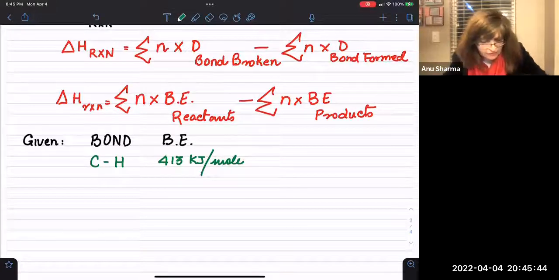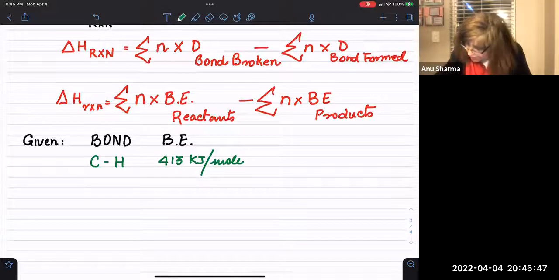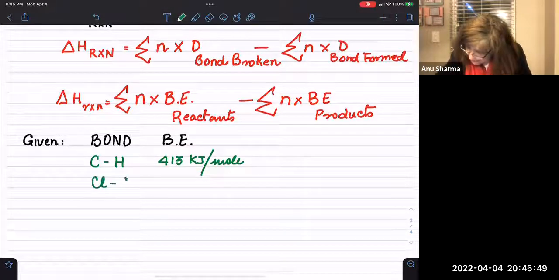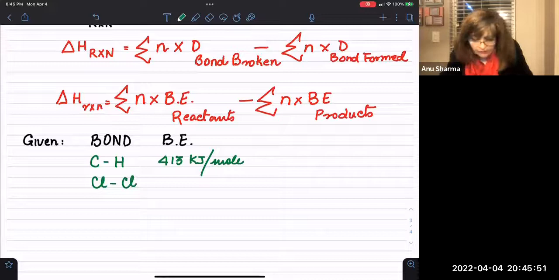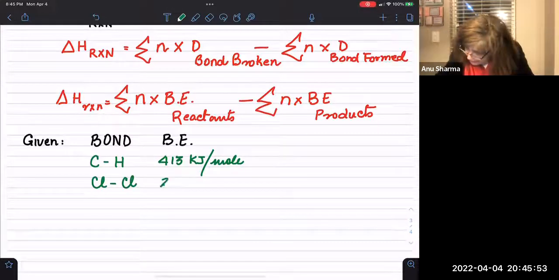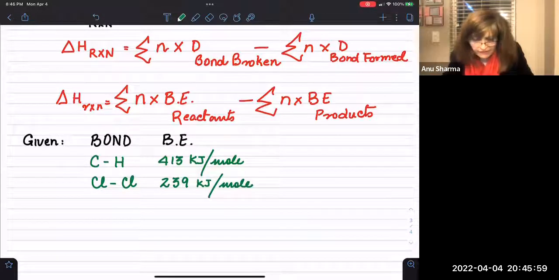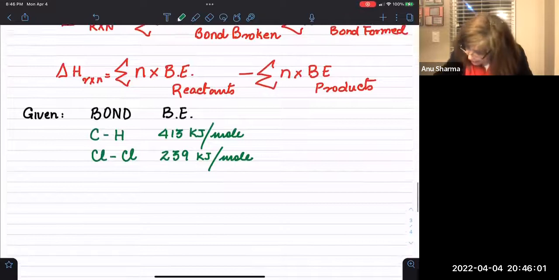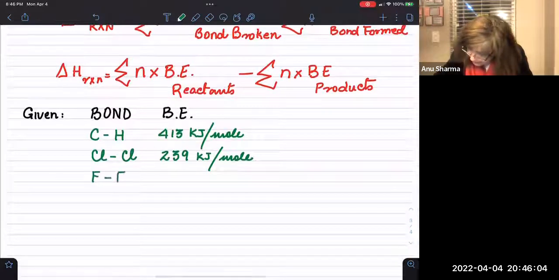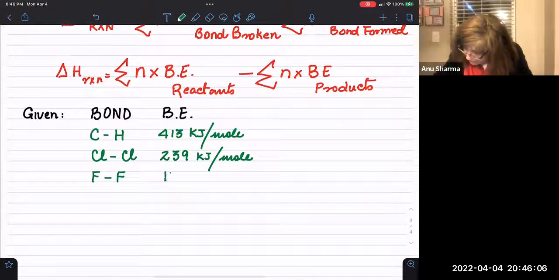Next is the Cl2, chlorine-chlorine bond, which will be 239 kilojoules per mole. Next is the fluorine-fluorine energy, again given, 154 kilojoules per mole.